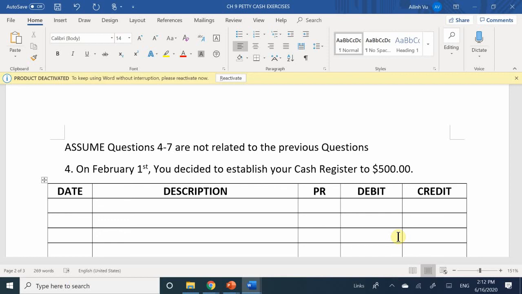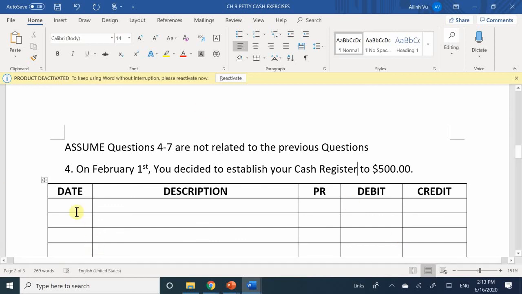This is common for when you're in stores. So let's say I'm Starbucks. My cash register needs to have a total of $500 cash, meaning I need 10 20s, X amount of 10s, X amount of 5s, and X amount of $1 bills. So here, I'm going to establish that I need to have $500 in my cash register at all times.